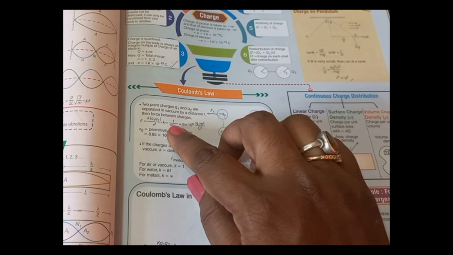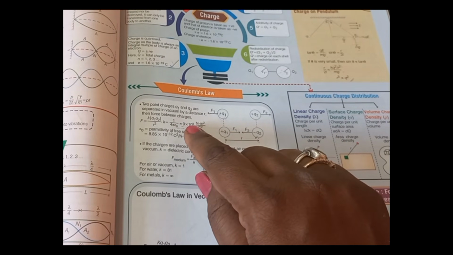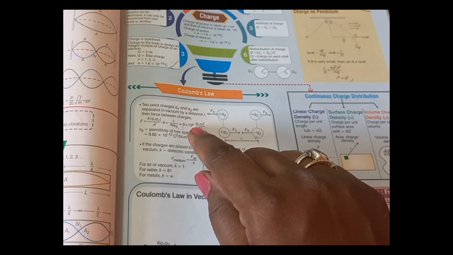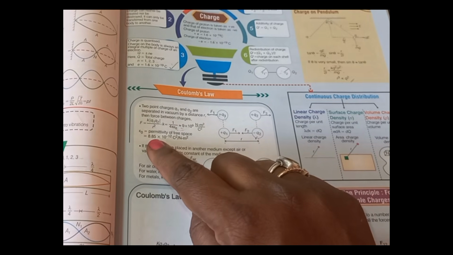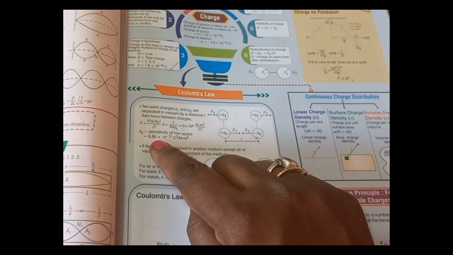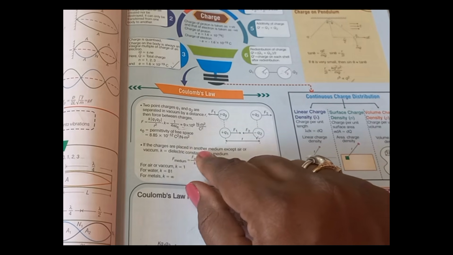The value of K comes as 9 into 10 to the power of 9 Newton meter square by Coulomb square. This is the SI unit of K. Epsilon naught value is 8.85 into 10 to the power of minus 12 C square by N meter square.